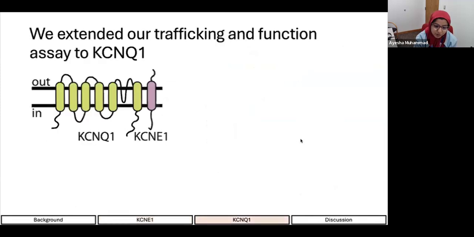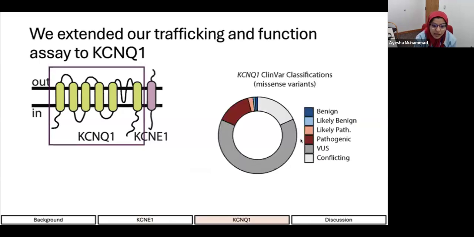The next natural progression of this setup was to extend our trafficking and our functional assay to KCNQ1, which is the larger biochemical partner in this IKS channel complex. Here is the distribution of ClinVar missense variants for KCNQ1.